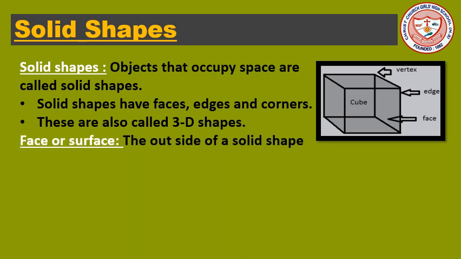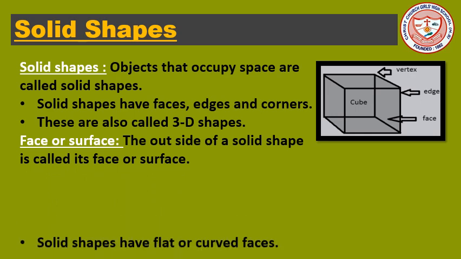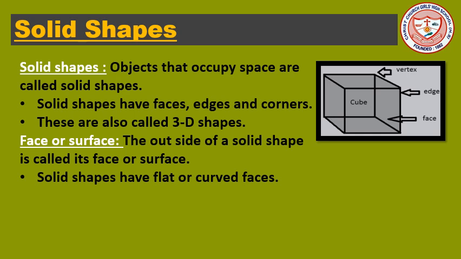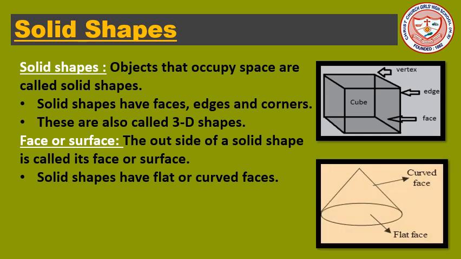We have learned about face or surface. The outside of a solid shape is called its face or surface. Solid shapes have flat or curved faces. Now, what is an edge?